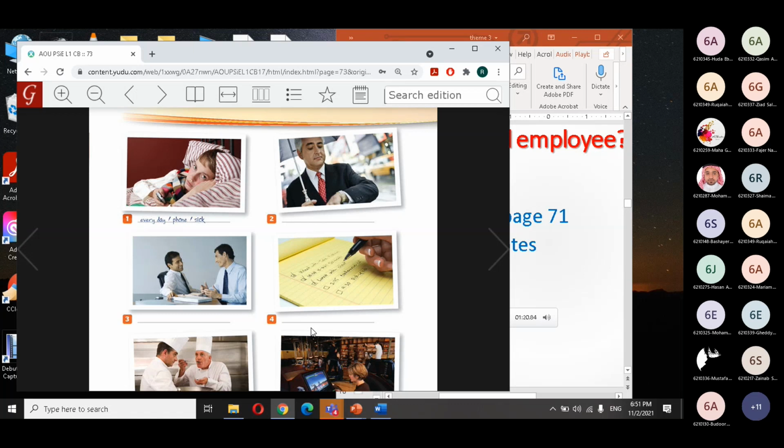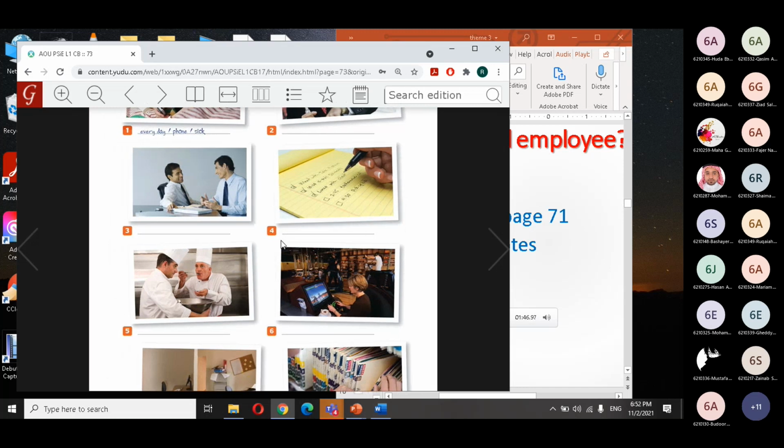Number 3, you must respect your manager, the person who gives you your tasks, your pieces of work. You must also respect your colleagues, that is, the people who you work with. Finally, you must also respect the customers, in other words, the people who buy things from the company. Fourthly, you must do all the tasks on time. But fifthly, you must not rush work in order to finish on time.